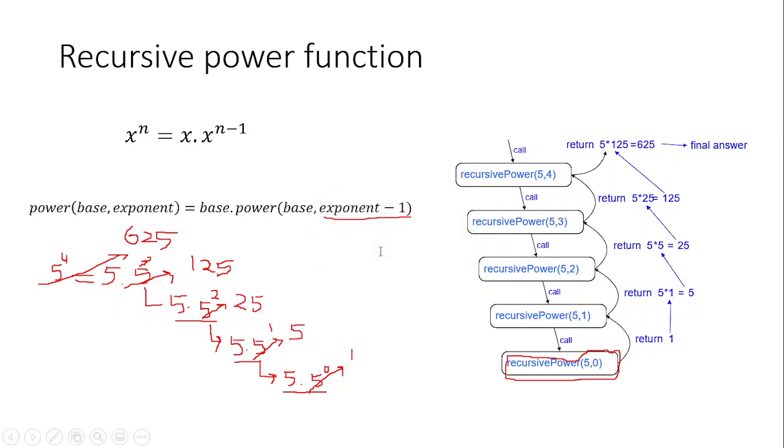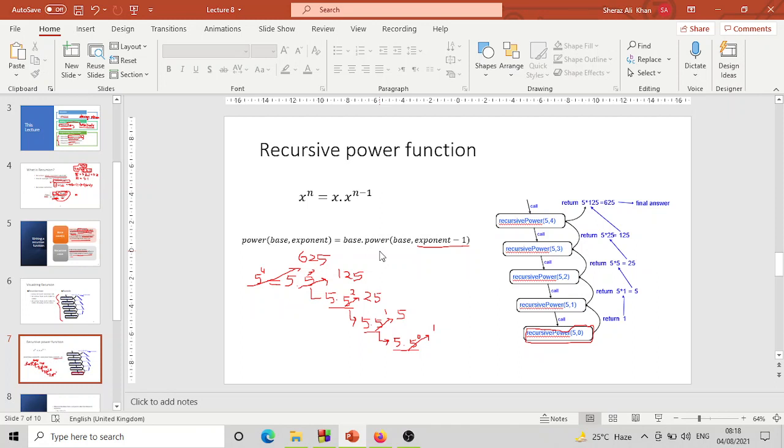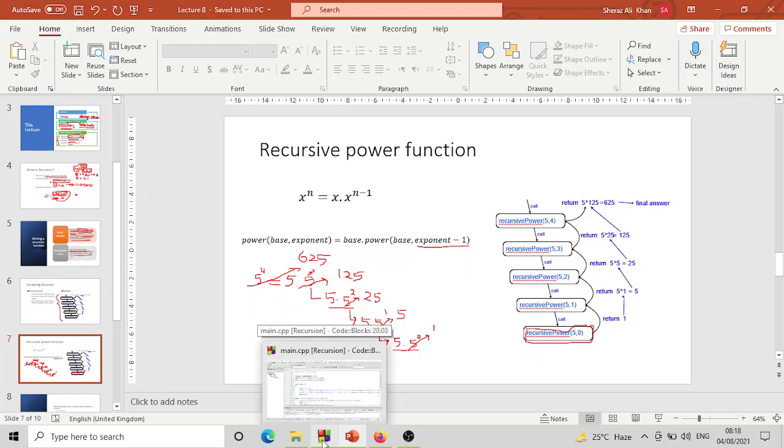Let's implement an iterative version of the power function. You don't need to implement the power function, you already have a built-in function. We are implementing it just to understand recursion.